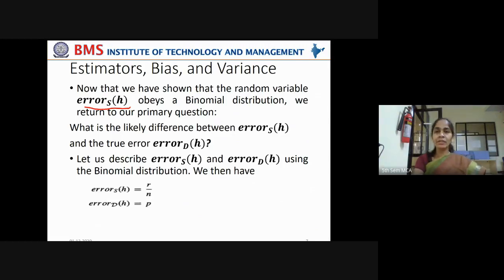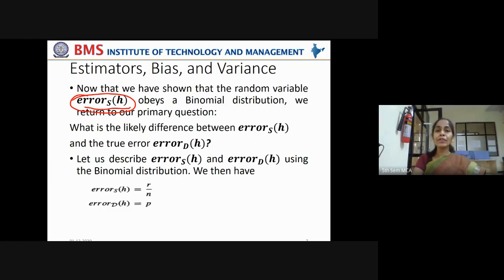In the coin toss experiment, the random variable you are interested in is the outcomes and the number of heads. If you are interested in a specific number of heads, that will be the outcome of the random variable. Here, what you are interested in is the sample error. So we are considering this sample error as the random variable now. This obeys a binomial distribution.